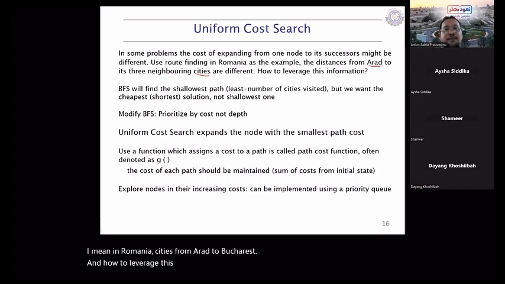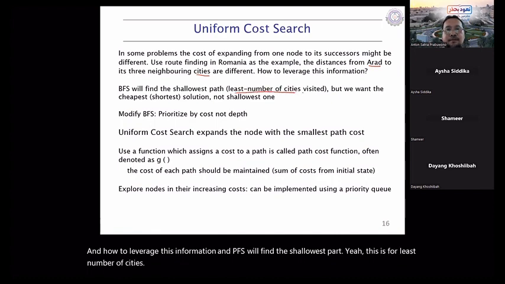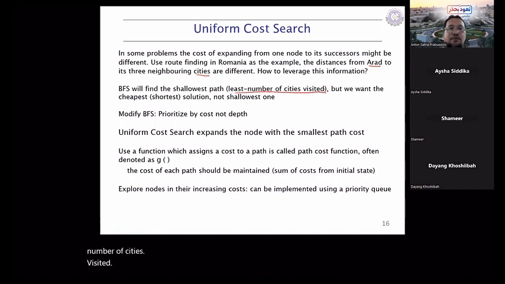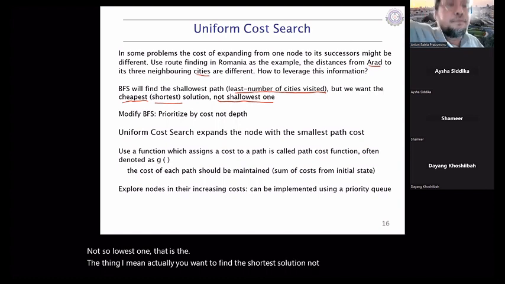BFS will find the shallowest path, that is, the one with the least number of cities visited, but we want to get the cheapest or the shortest solution, not only the shallowest.